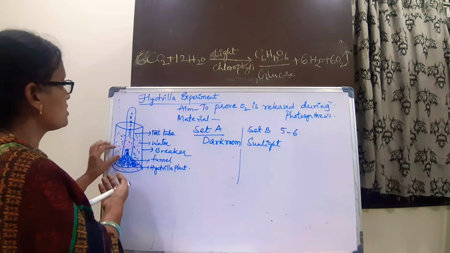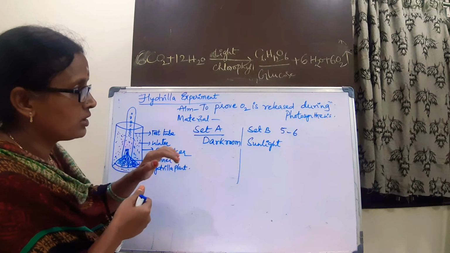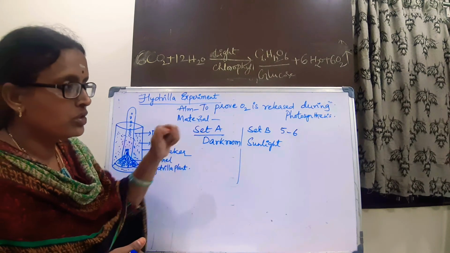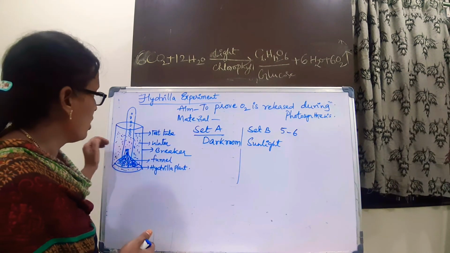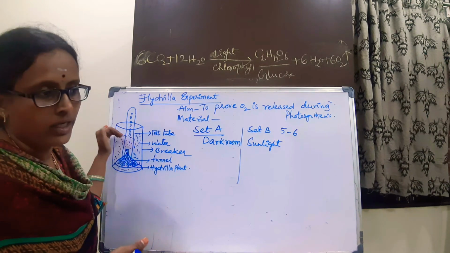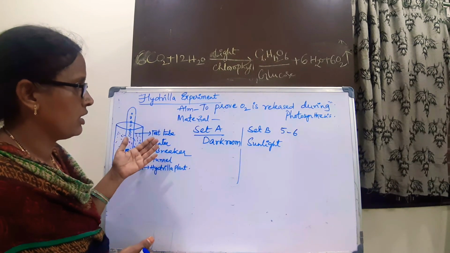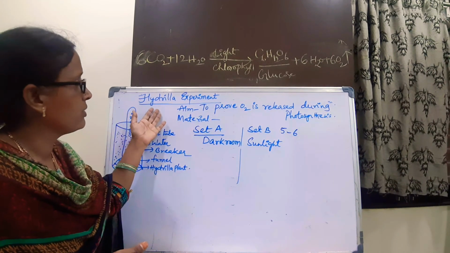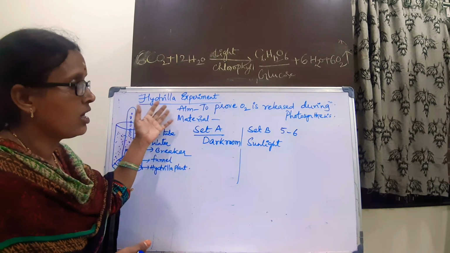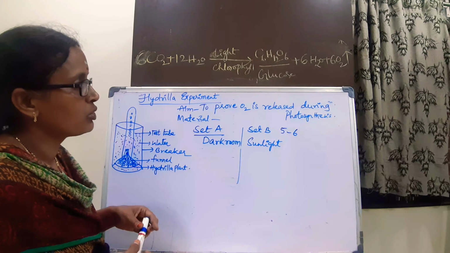While you are removing the test tube, we should ensure that the gas does not go outside, so we should keep our thumb on it. And the level of the water should be above the funnel. Those are the precautions. They may ask the hydrilla experiment directly, or they can ask how you can prove that oxygen is released during photosynthesis.